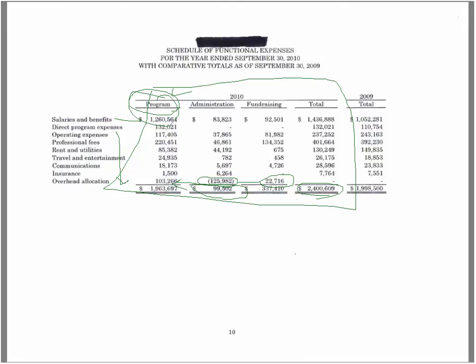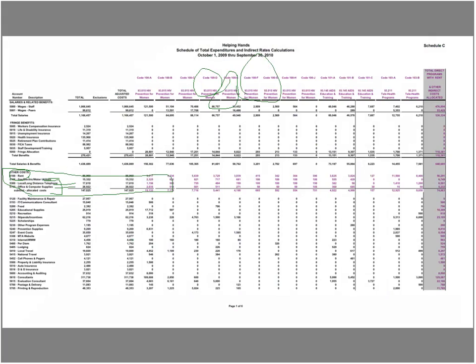That was the way they wanted to present it. The grand total of this audited statement of functional expense is 2.4 million 609, and I wanted to show you that the grand total here is the same. There's really absolutely no difference here.